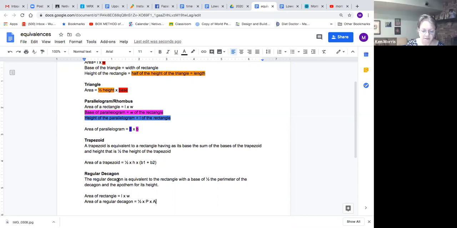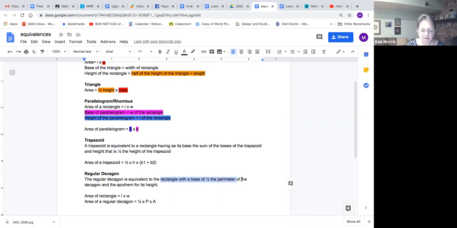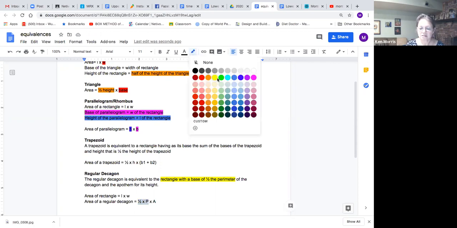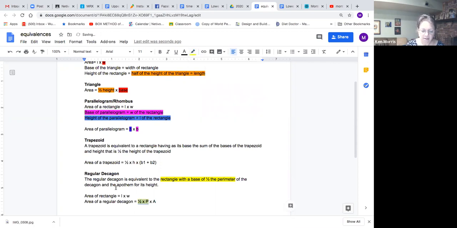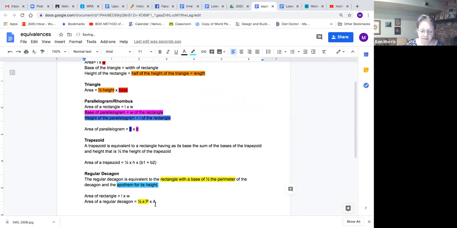So it's the rectangle with 1/2 the perimeter, and that's going to be in yellow. And the apothem for its height, we'll make that light blue. Okay?